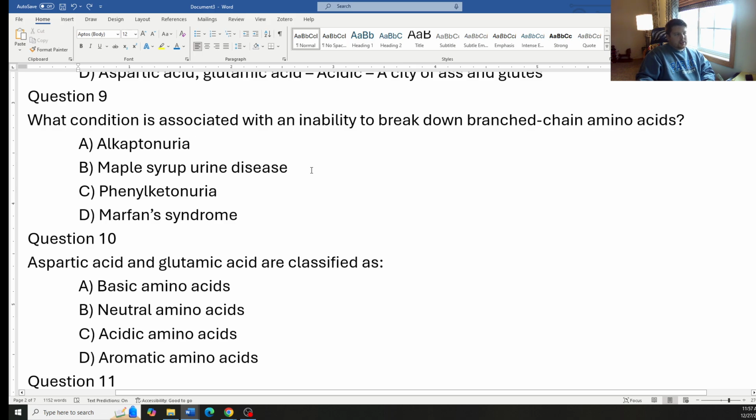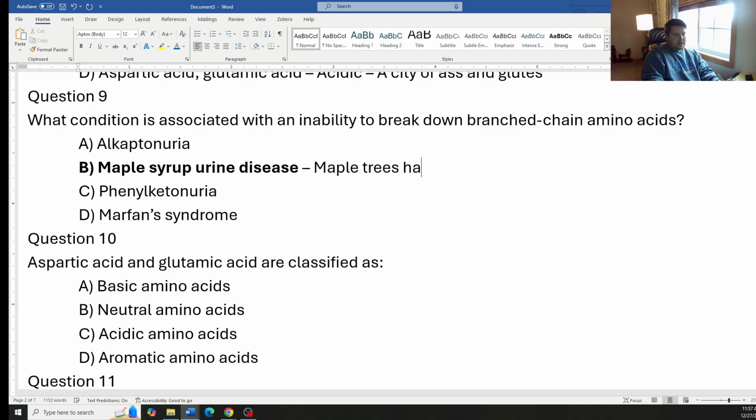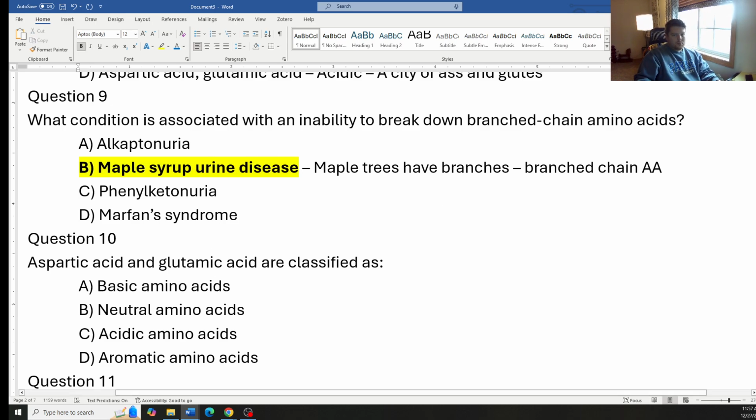The answer to this is going to be our maple syrup urine disease. The way that I like to remember this, maple trees have branches, so branched chain amino acids are what we struggle to break down.